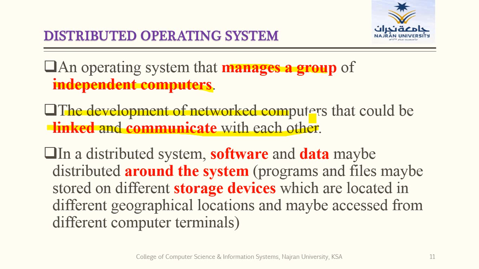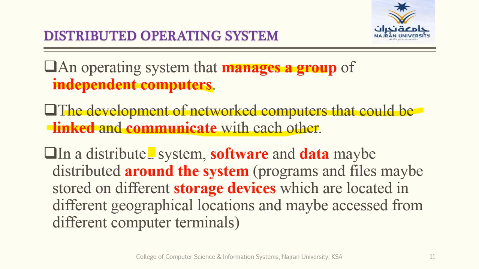As we have seen in the multi-user operating system, the computers are connected with each other, and this connection may be physical, through cables, or wireless. So they are connected and communicating with each other.